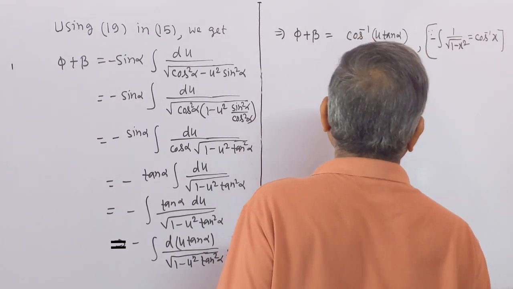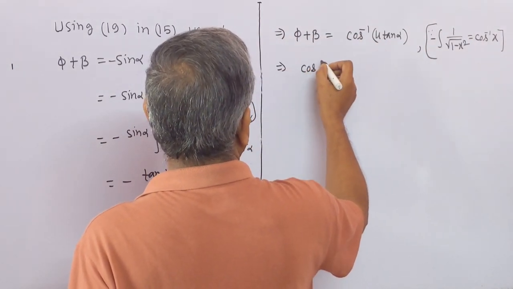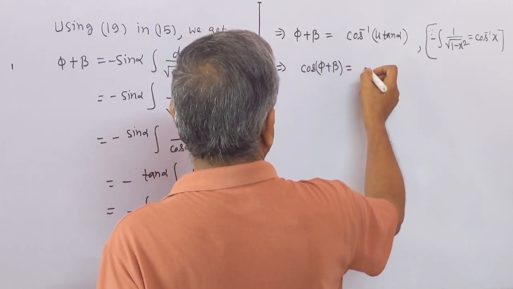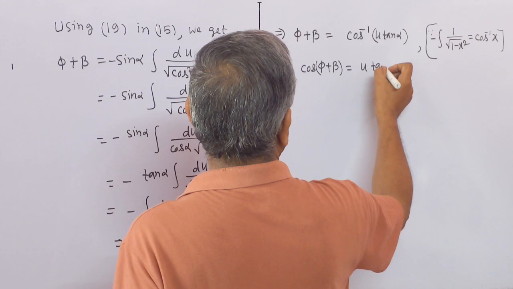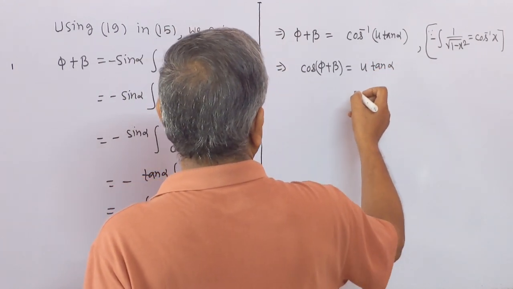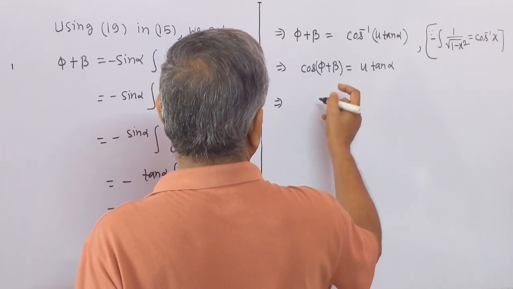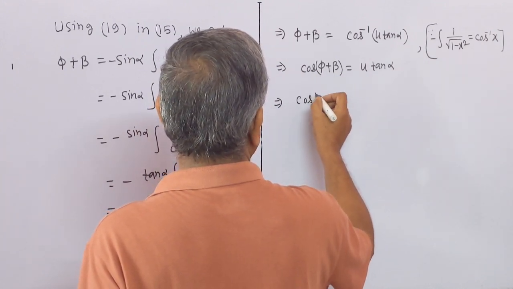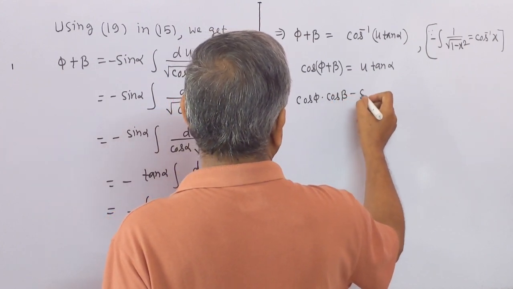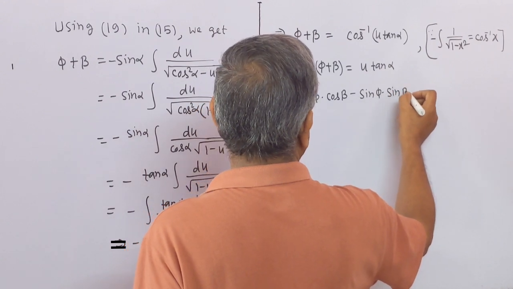This implies that cos of phi plus beta equals u tan alpha. Using the cos a plus b formula, cos phi into cos beta minus sin phi into sin beta.